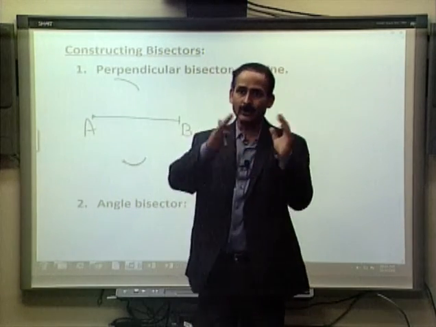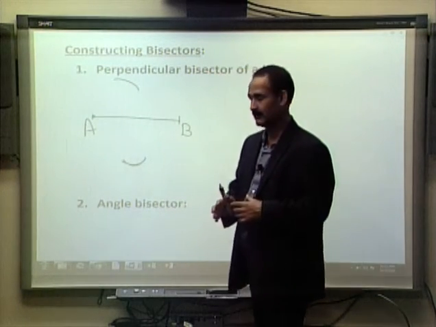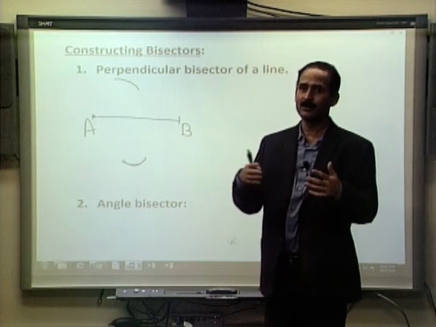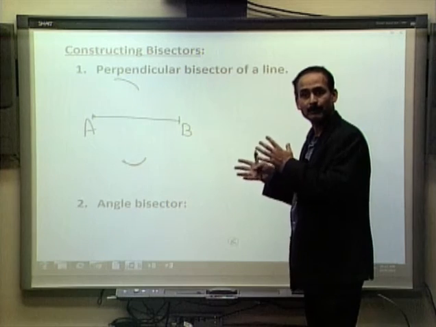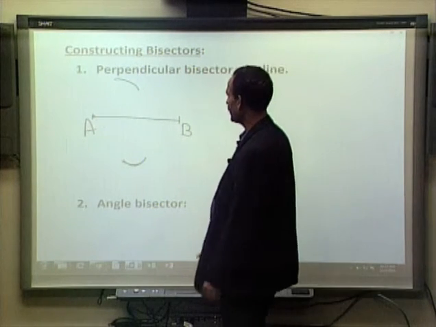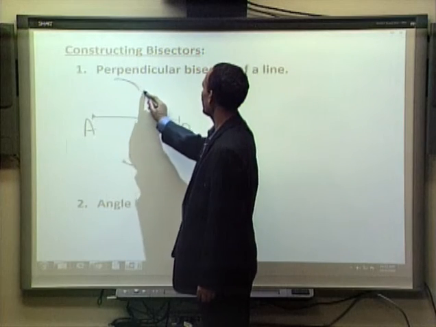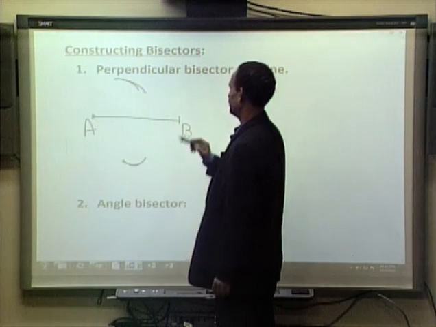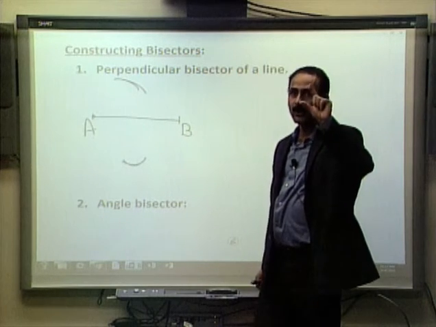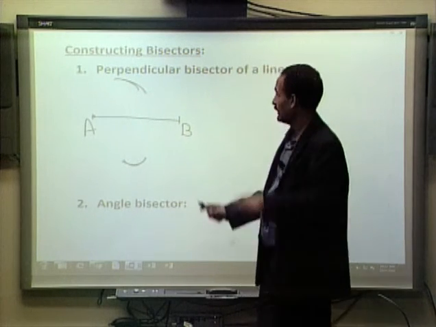It is better to draw a longer arc. If we have a small arc, we probably will not achieve what we want to achieve. So, when drawing those arcs, make sure we draw long enough arcs. Now, use the same opening in the compass. Do not change the opening of the compass.